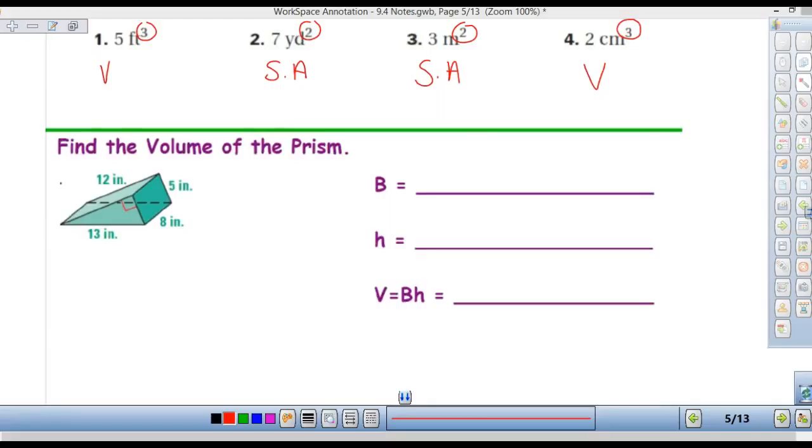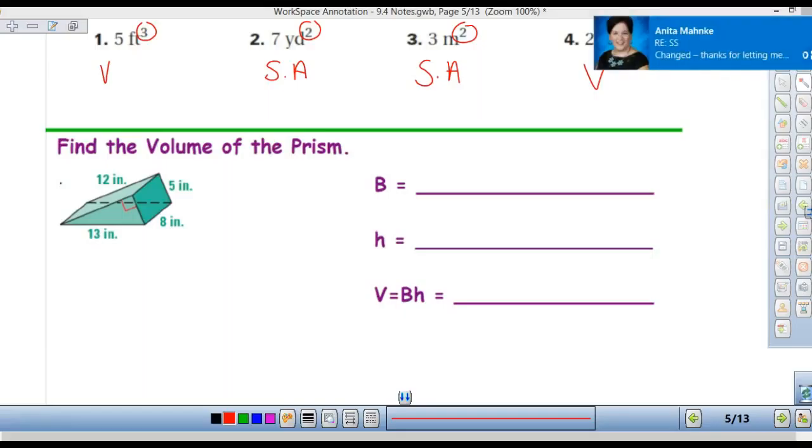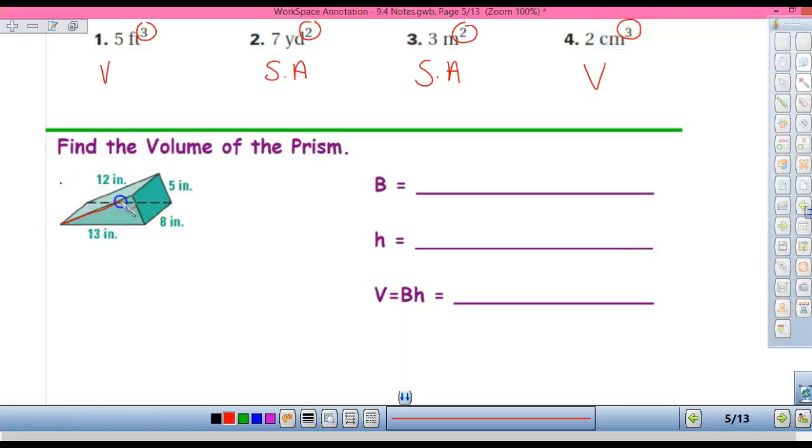Here we have a prism. Again, the two parallel bases are triangles. They are not rectangles. Just because it's on the bottom does not mean that it's a rectangle. This guy right here is going to be your base. So, height of your base is 12.